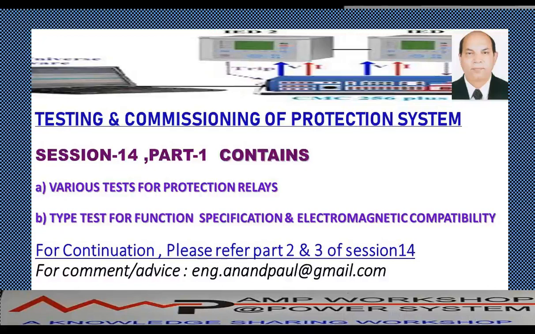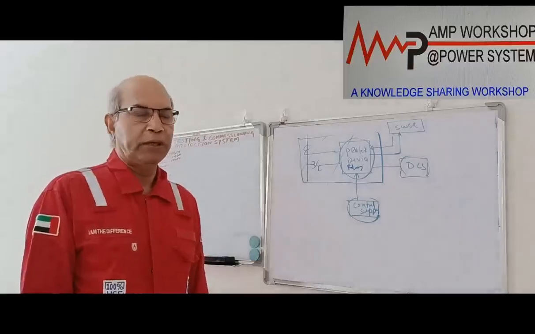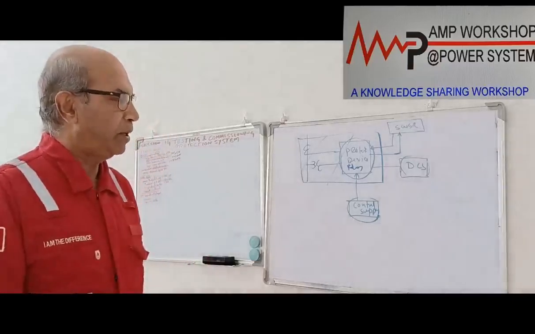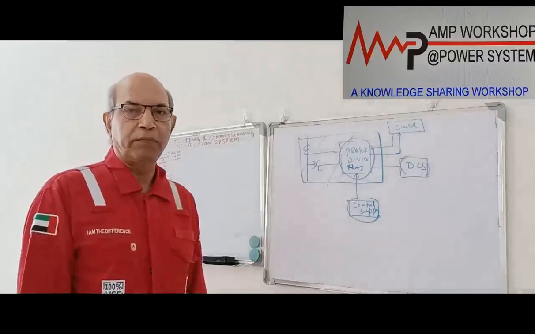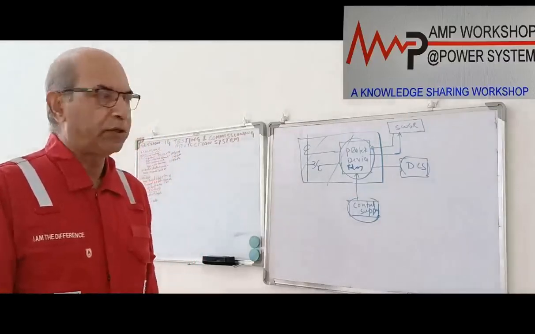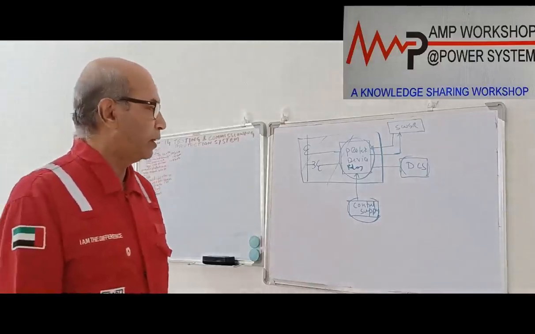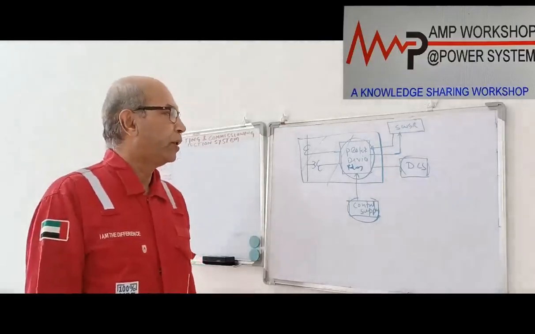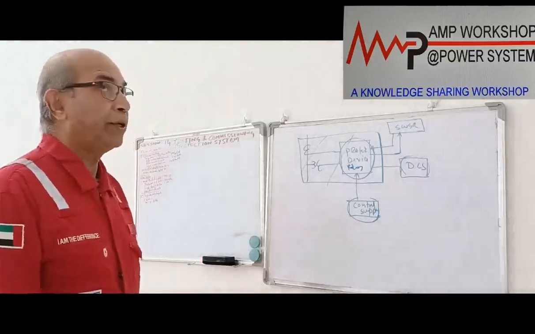Before starting, these four items, the total testing of this protection system and the associated testing and commissioning aspects, may not be possible to cover completely in one part. So it may be extended to two or three parts. Let's see how it progresses. Depending on the progress, we will decide.